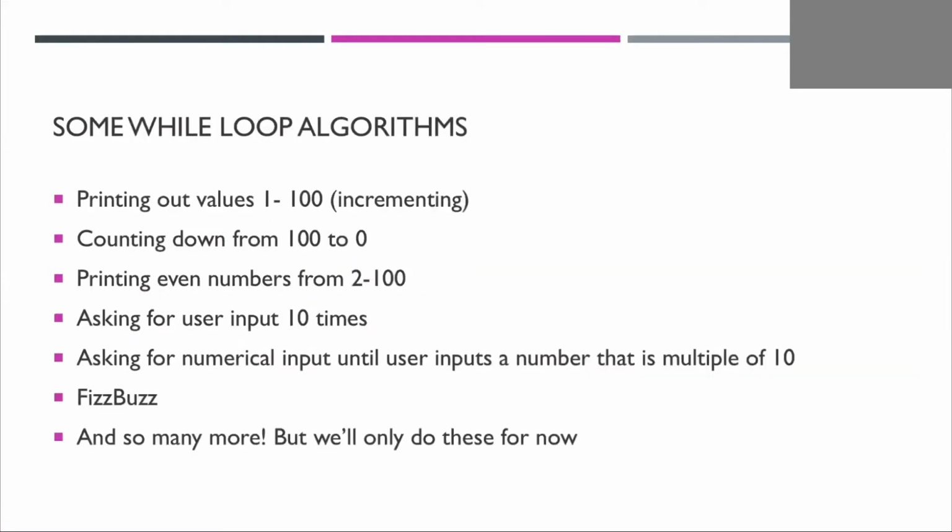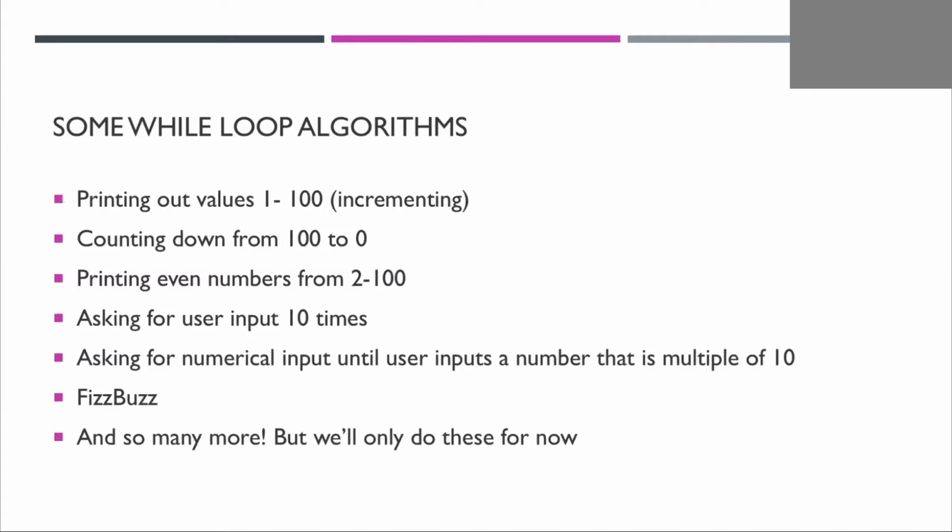These are the things I'm hoping to go over today. If we don't go over it today, that's okay, we could just pick it up next week. The first algorithm is printing out values 1 through 100. You don't want to write out print 1, print 2, print 3, print 4, that's 100 lines of code potentially.